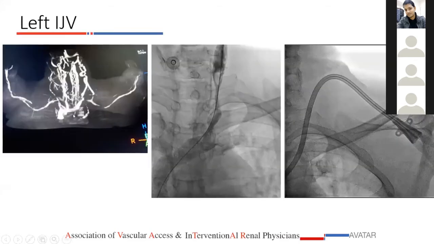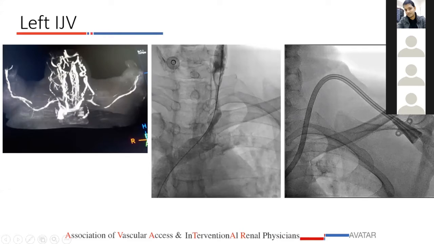On the left side, this is the MR venography of the central veins. Now look at the left IJV. You see some stenosis here. Knowing this, if you look at the right side, you would probably not like to attempt it because there is nothing visible, either in the form of IJV or EJV.